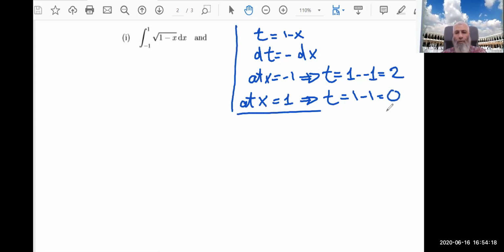So our integration will be from 2 to 0 of root t, multiplied by minus dt, right?